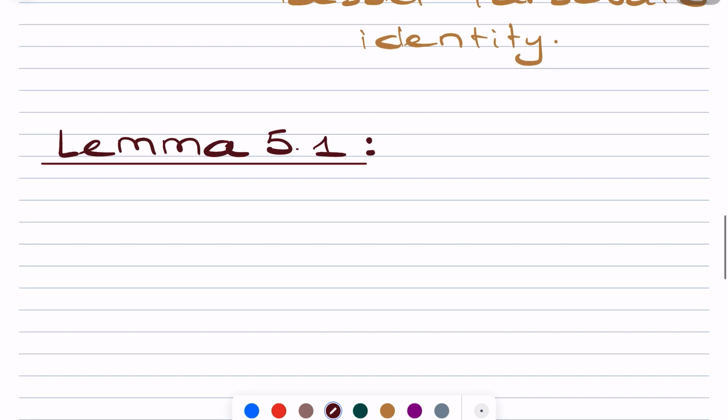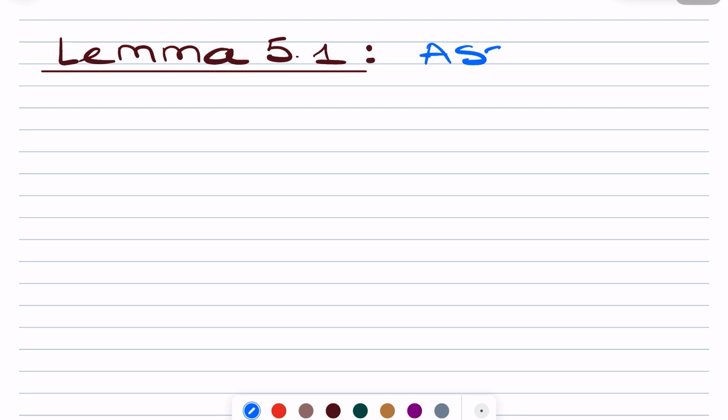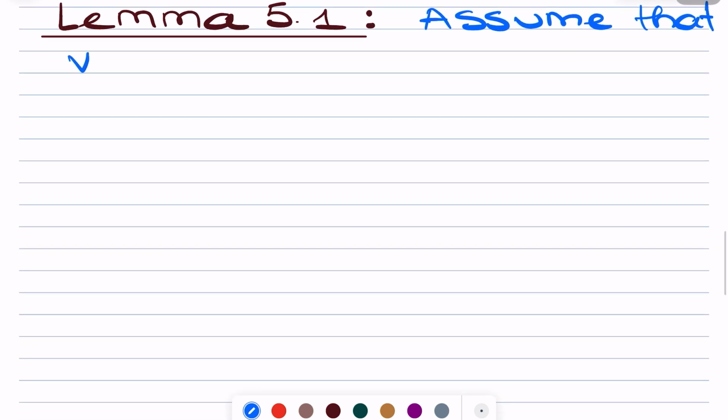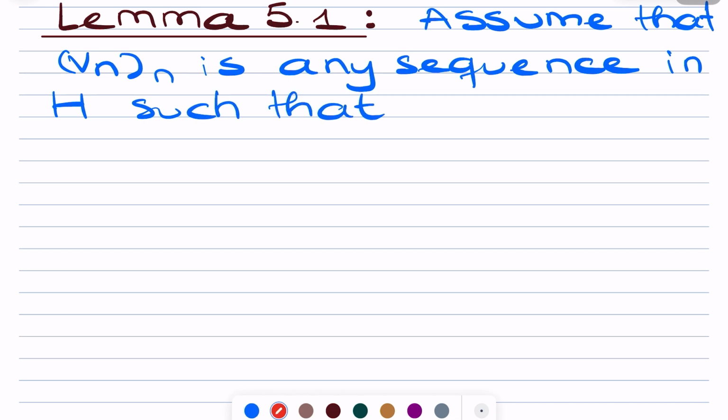Now, assume that Vn is any sequence in the Hilbert space H such that, this is relation 21, the Vn are pairwise orthogonal.